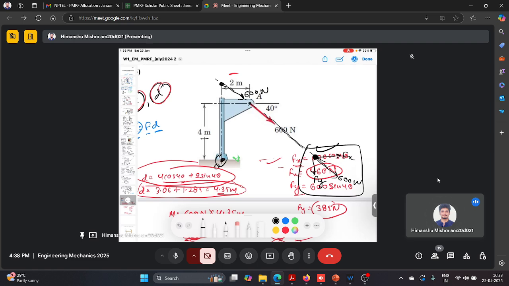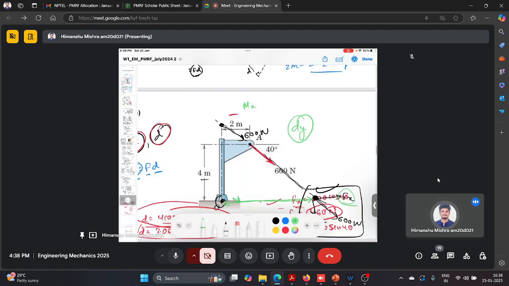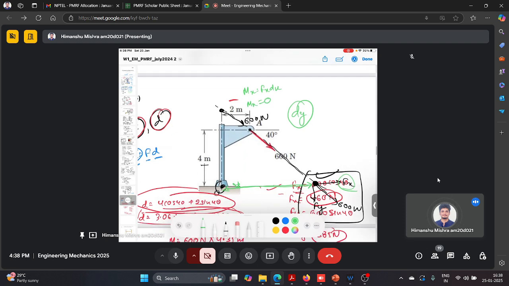Now what will be the perpendicular distance of Fx and of Fy from here? For Fy, the perpendicular distance I can see from O is this. This is my perpendicular distance of Fy. So I can define dy. It's non-zero. But there is no perpendicular distance for Fx, which means the moment due to force Fx is zero now, because dx is zero.